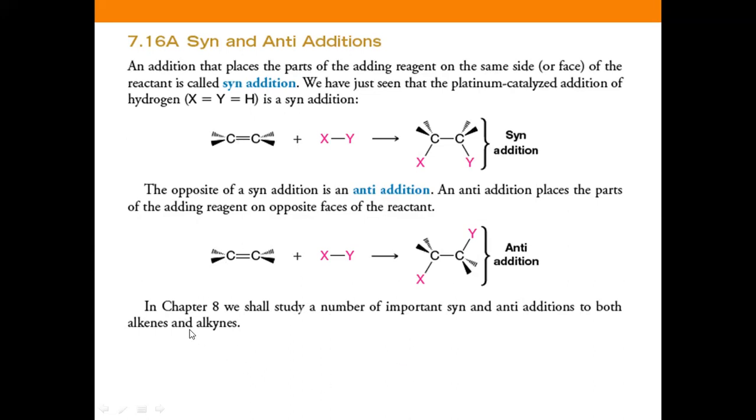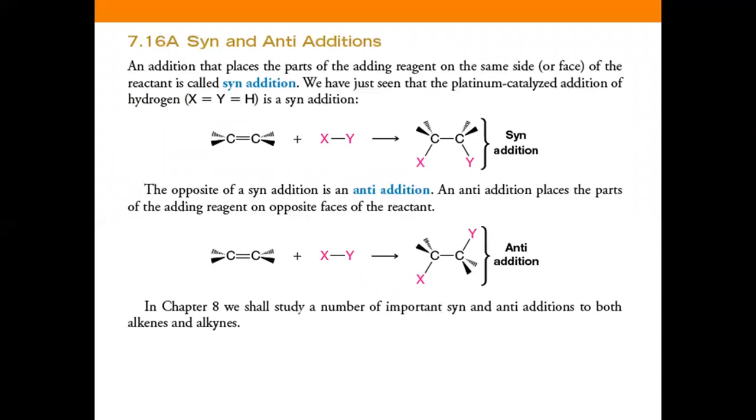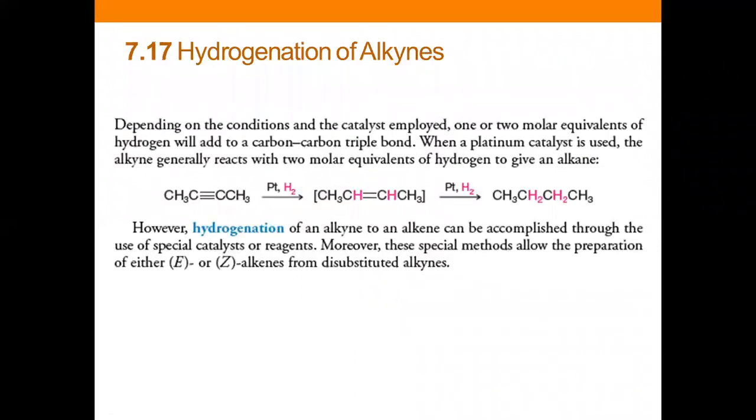So we will learn in the next chapter, chapter 8, a number of important syn and anti-additions to both the alkenes and alkynes. So we'll learn more of that in chapter 8. So we'll first have an example for the alkynes. Aside from alkenes, the alkynes also proceed with hydrogenation, but you will have to use a greater number of moles of hydrogen.